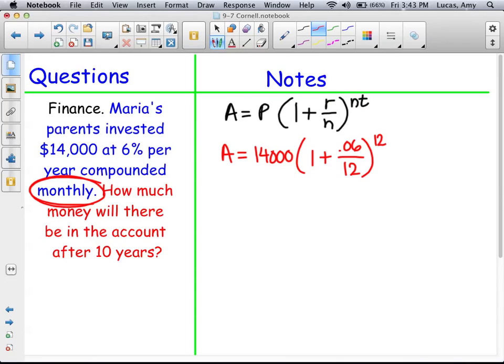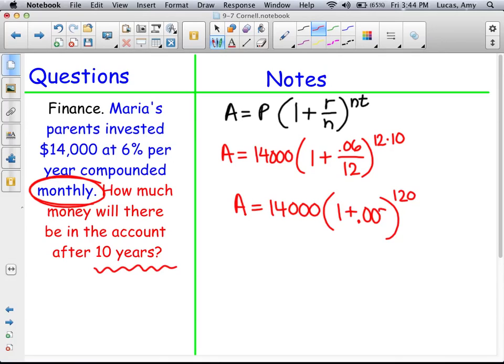So then 12 also gets filled in for our exponent, but it has to be multiplied by the number of years, which is 10. So our exponent is going to be 120. So 14,000 times 1 plus something, to the 120th power. I'm going to divide 0.06 by 12, and I get 0.005.